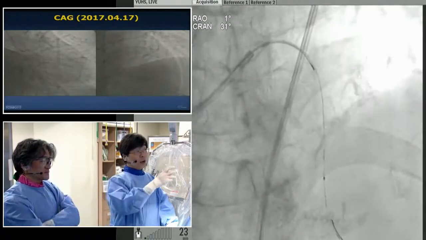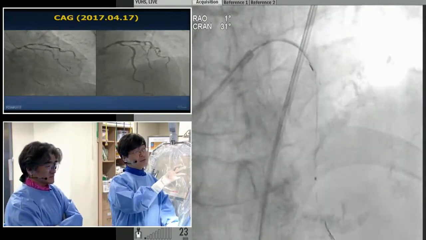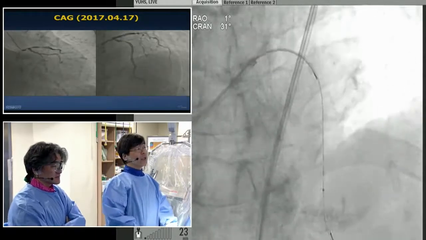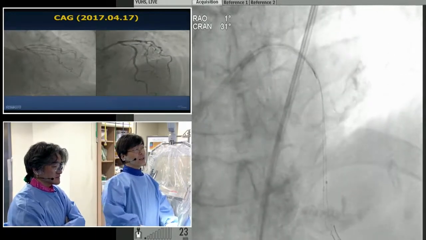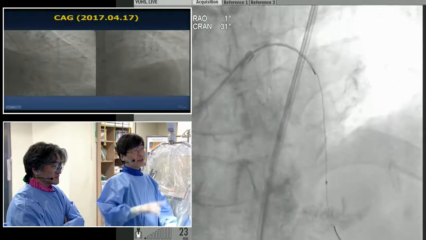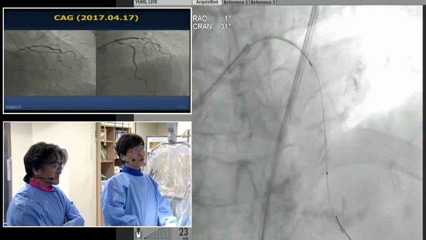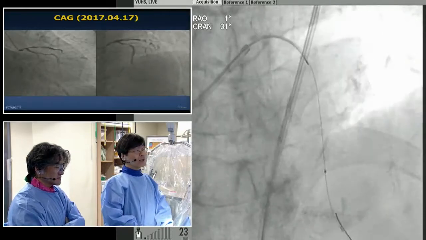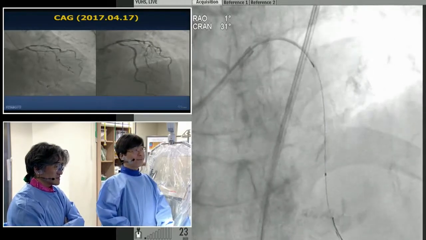Fluoro next. Yeah. That landmark is one of the important landmarks for stent deployment. Look at the transducer of the IVUS. One of the important landmarks for stent deployment. Next.